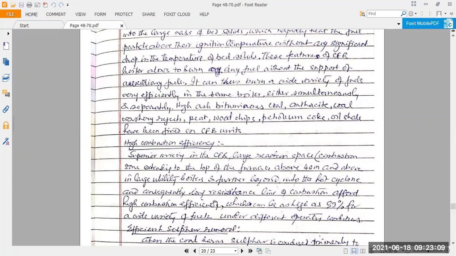A long residence time and combustion effort afford high combustion efficiency. So what is going on here?